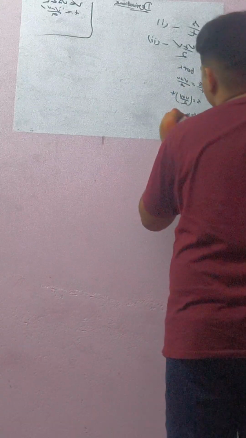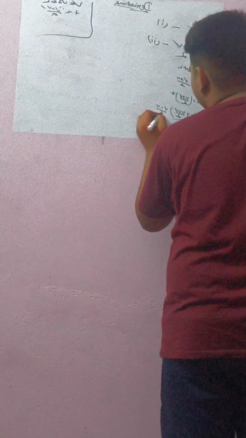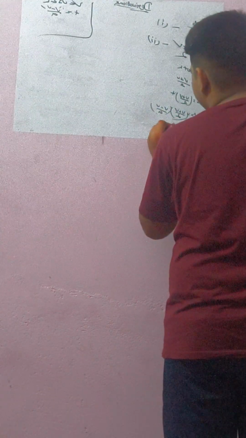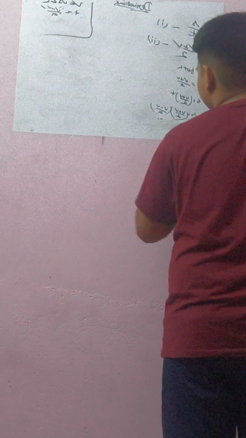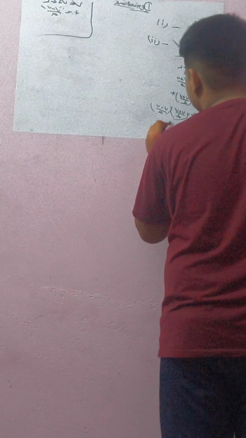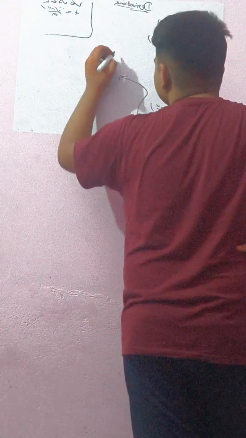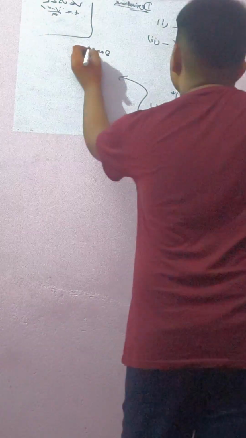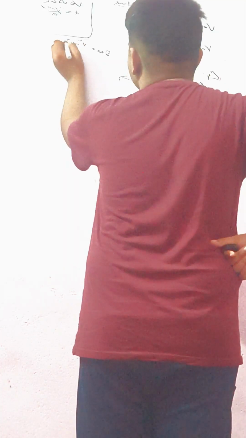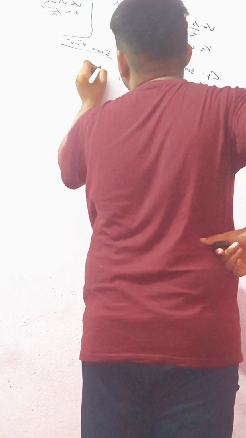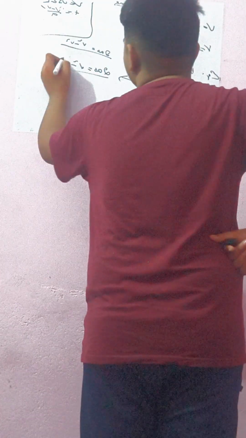So s equals u plus v upon 2 times v minus u upon a, which is s equals v square minus u square upon 2a. So 2as equals v square minus u square. So derived: 2as equals v square minus u square.